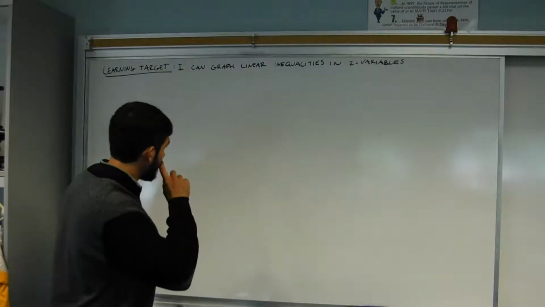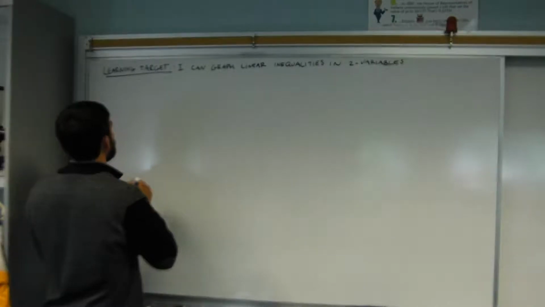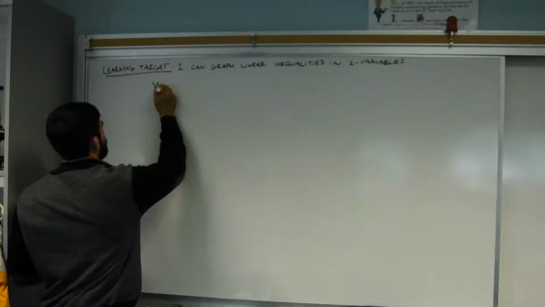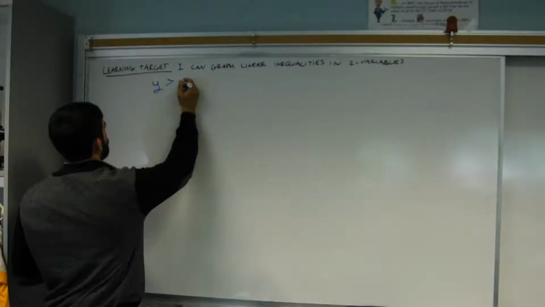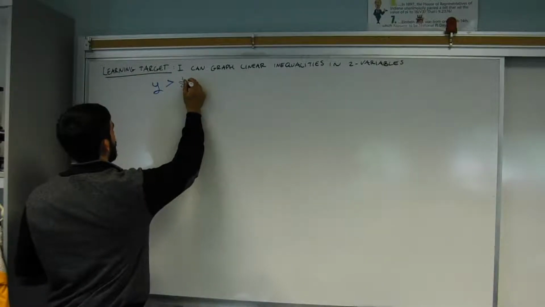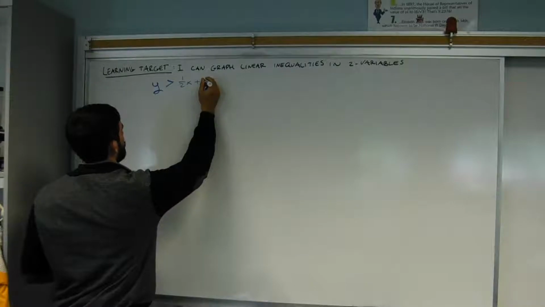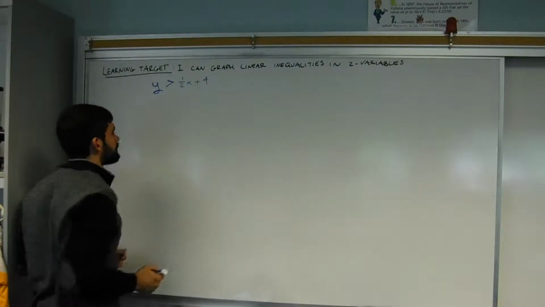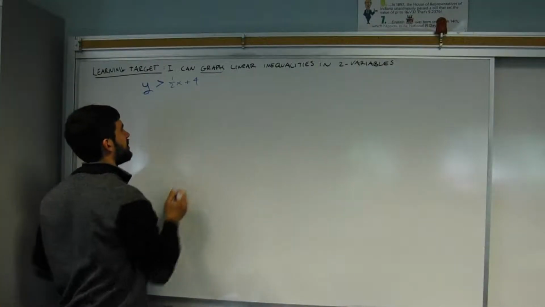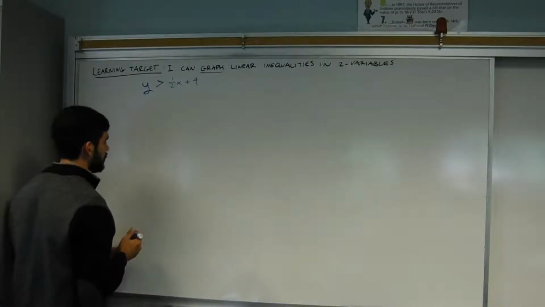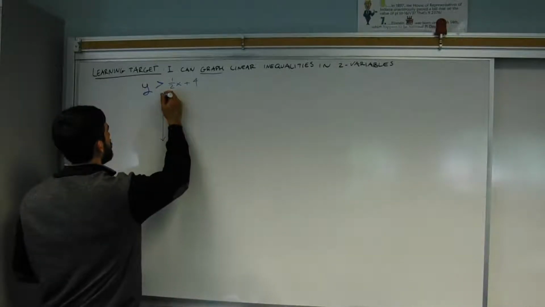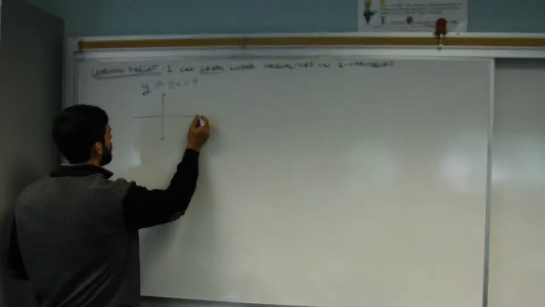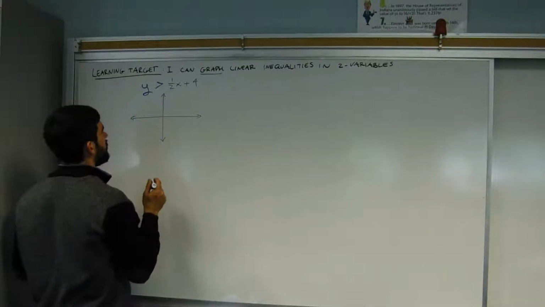So recall that a linear inequality would be just like an equation, except it would be, say, y is greater than 1/2 x plus 4. So we're interested today in graphing these. When you graph a linear inequality, we'd start out by graphing it just like it was an equation.